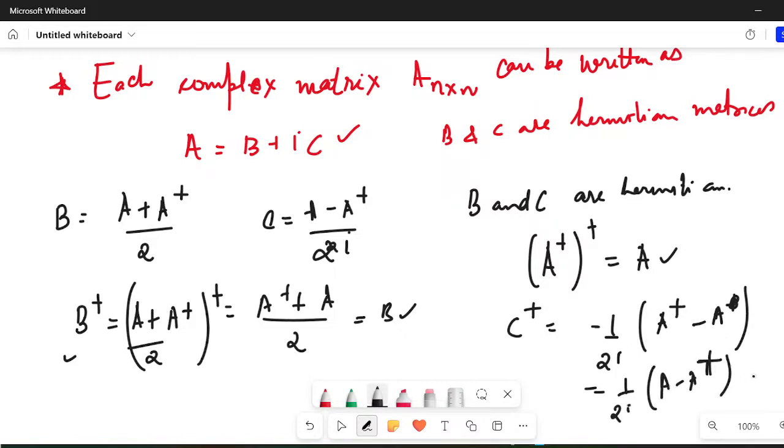So clearly it is equal to C. So C is also Hermitian, B is also Hermitian, and you can clearly see that B plus iota C would be simply A. So always remember, every complex matrix can be written in the form B plus iota C, where B and C are Hermitian matrices. So a complex matrix can be written as a linear combination of Hermitian matrices themselves.